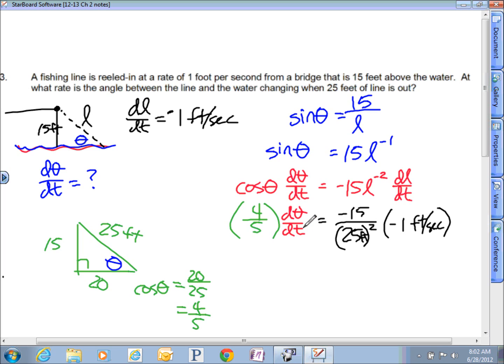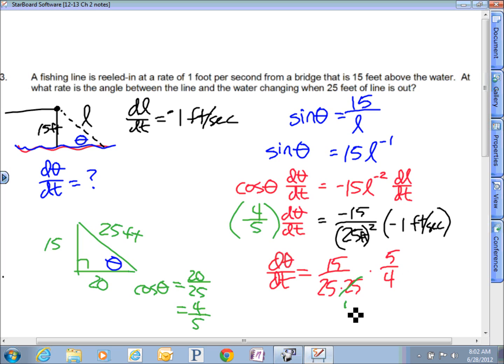Now I've got 4/5, and we're going to multiply by its reciprocal, so d theta/dt. It looks like it's going to turn out positive because those signs are going to cancel each other out. So what I really have is 15 over 25 squared with a 5 on the top and a 4 on the bottom after we multiply by its reciprocal. Let's do some canceling.